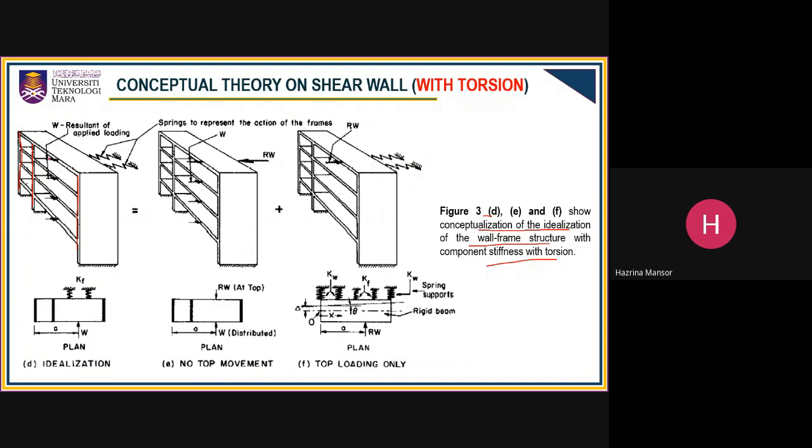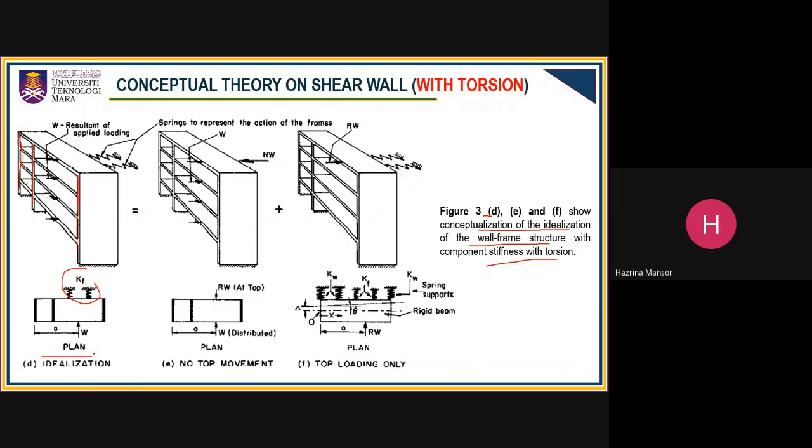Then you have a frame, and in this system the frame is represented by a spring stiffness. Previously the wall was represented as a spring stiffness, but the frame also needs to be represented as a frame stiffness, as you can see in this idealization plan.